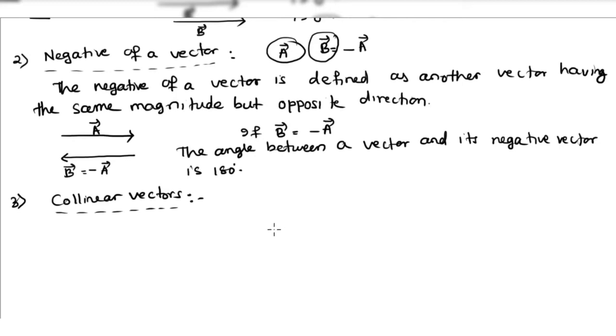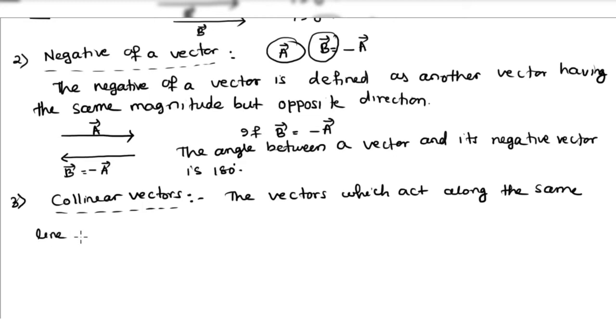Students, remember that the vectors which act along the same line, or along parallel lines, are called collinear vectors.